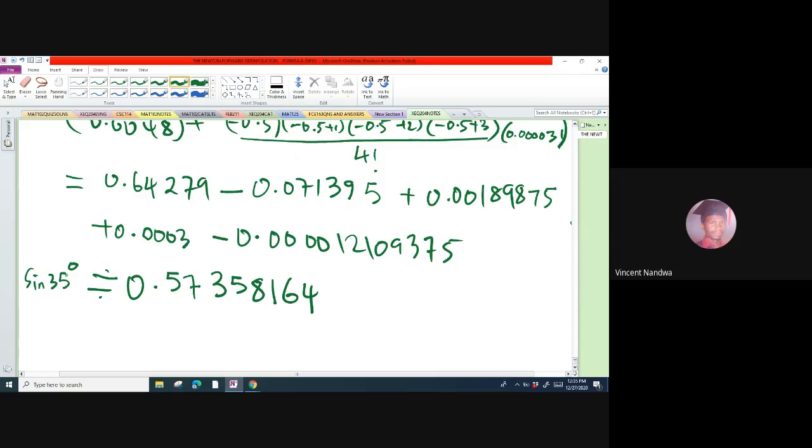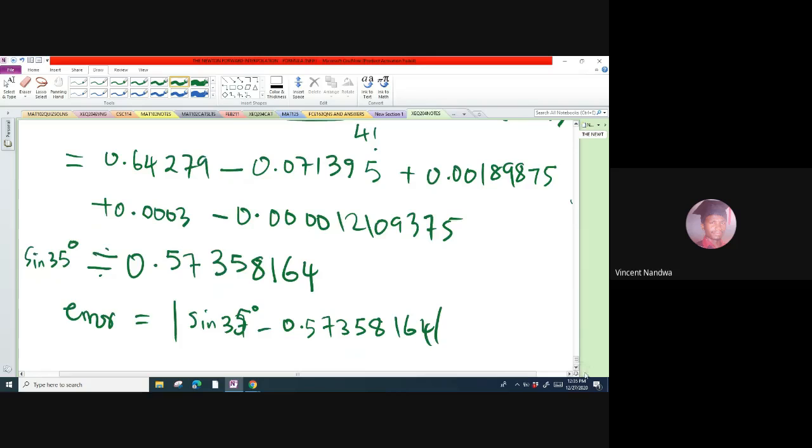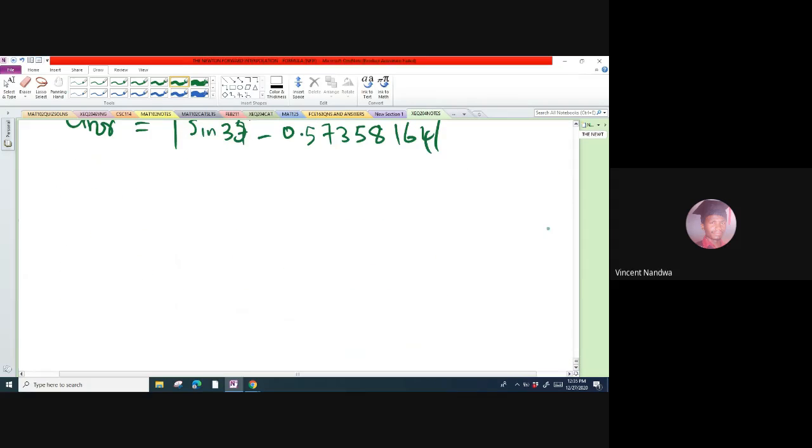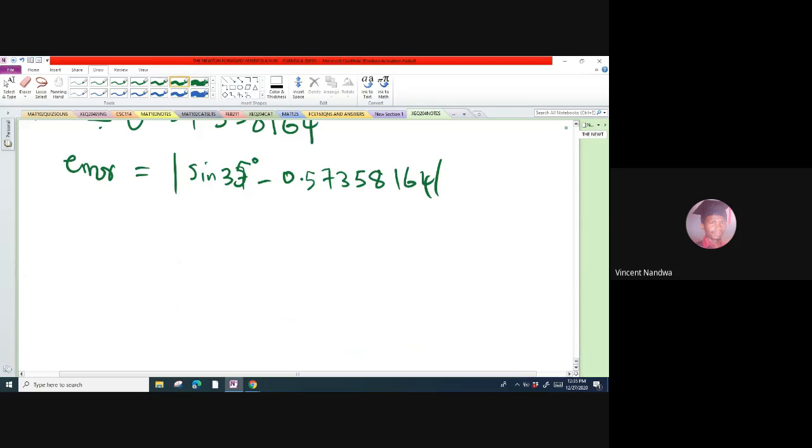So you can always now work out the error. The truncation error will be simply given by what you key in as sine 35 degrees in the calculator minus this approximation. And you can always go ahead and get the relative error and then the percentage error. Or if they had specified to approximate sine 35 degrees using a polynomial of degree 3, then you stop at the third difference, and the error becomes that term in the fourth difference.